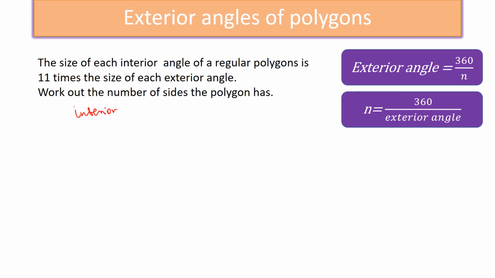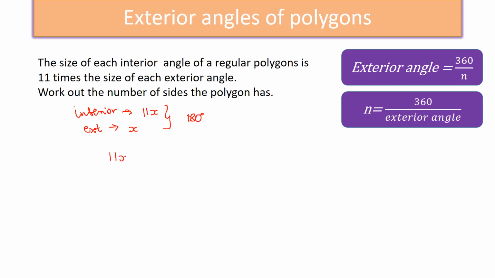So I've got the exterior angle and I can mark it as x. The interior angle is 11 times the size of the exterior angle, so that will be 11x. I know that both of those need to add up to 180 because they are on a straight line.